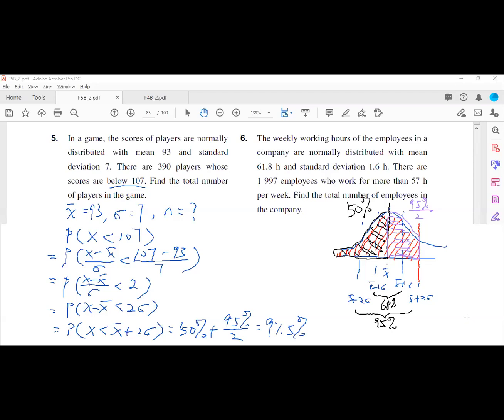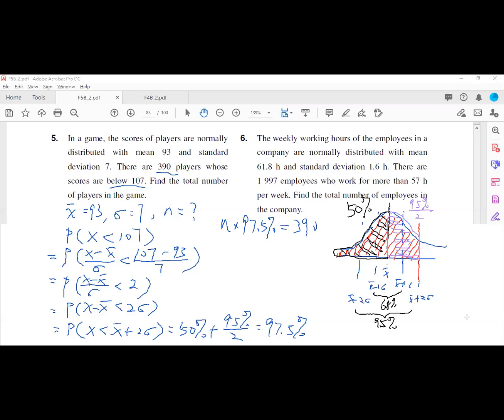It's okay. And now the question is not asking us to find the percentage. Instead, it has given us that there are 390 players which are below 107, which are satisfying this requirement, which means that n, the total times our percentage, should be equal to this number.